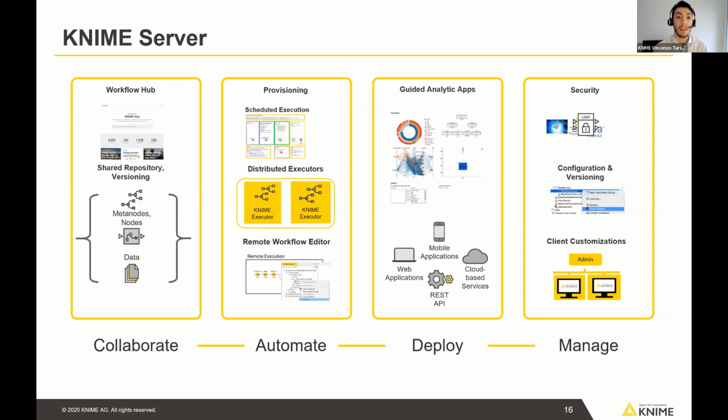So you can create snapshots of workflows and eventually also roll back to a previous version of a workflow if needed. And you can also centralize the customization of the clients, which are KNIME Analytics Platform installations. You can centralize the configuration within KNIME Server, so you don't need to take care of configuring each and every single KNIME Analytics Platform installation that is available in your organization.